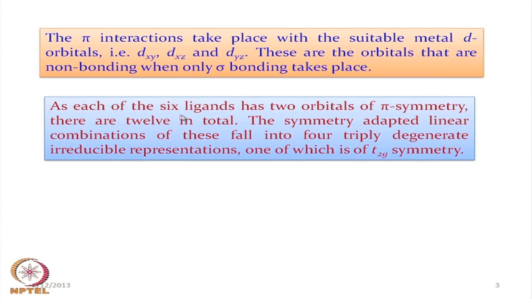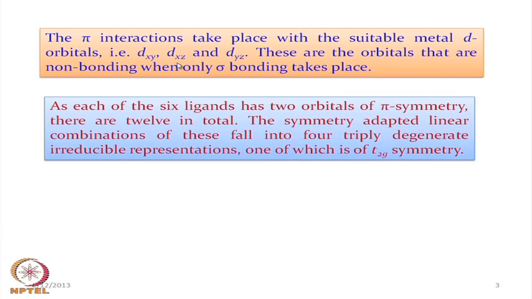Each of the 6 ligands therefore has 2 orbitals of pi symmetry, and there are 12 in total, and the symmetry adapted linear combinations, that means the SALCs of these, fall into 4 triply degenerate irreducible representations, one of which is of T2g symmetry.